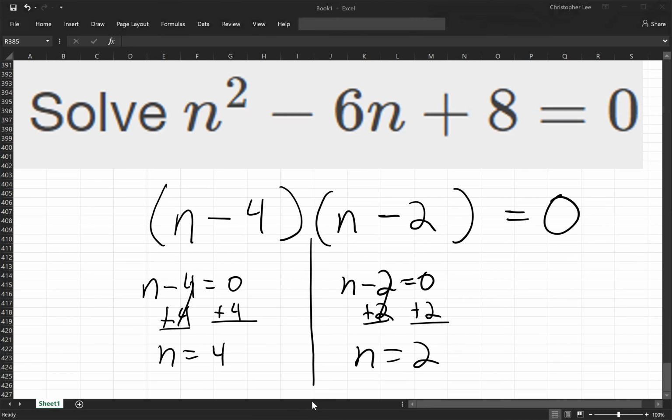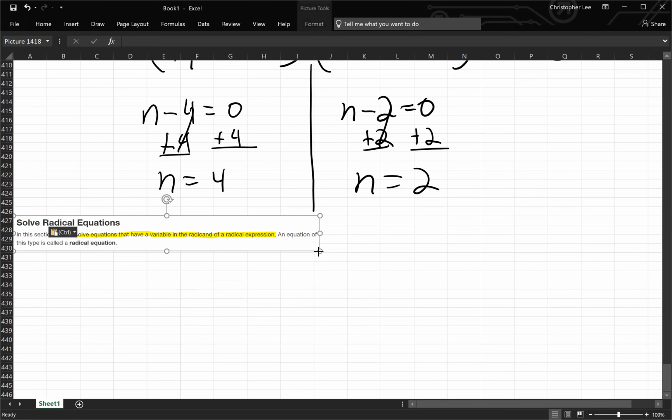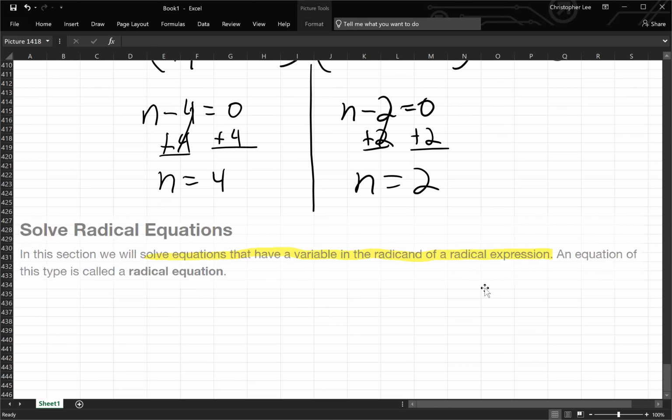So that being said, here's what we're gonna do today. No shock, right? We're gonna solve radical equations. In this section, we will solve equations that have a variable in the radicand of the radical expression. An equation of this type is called a radical equation.